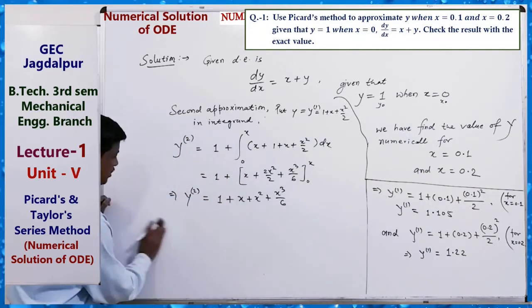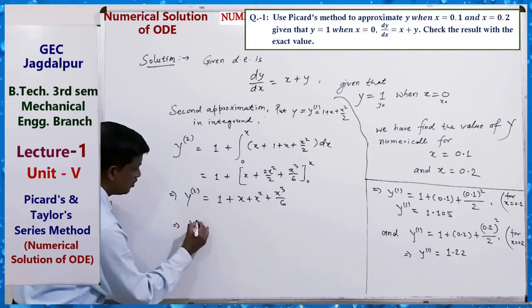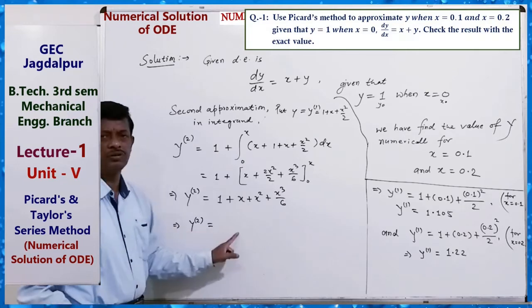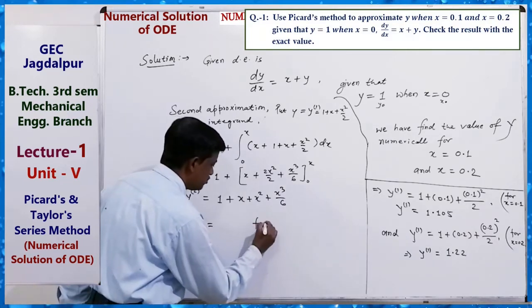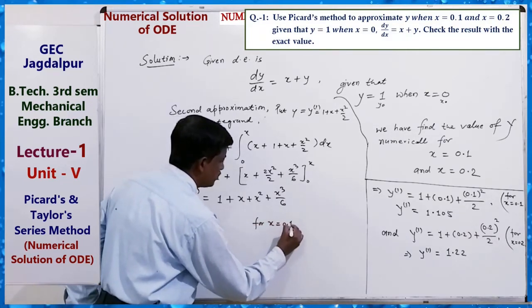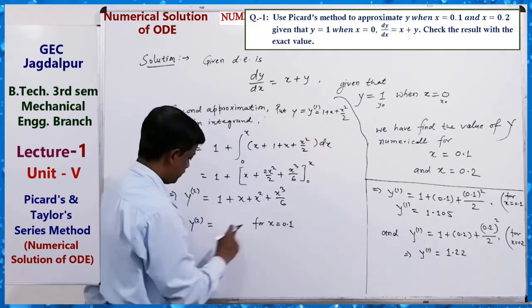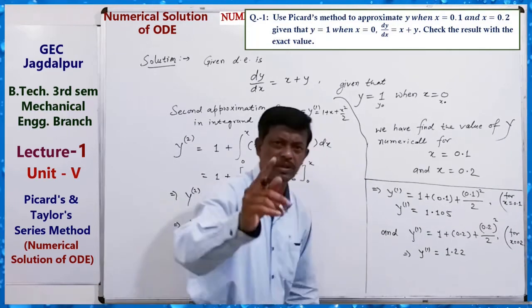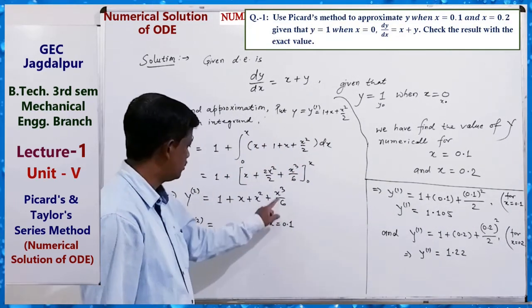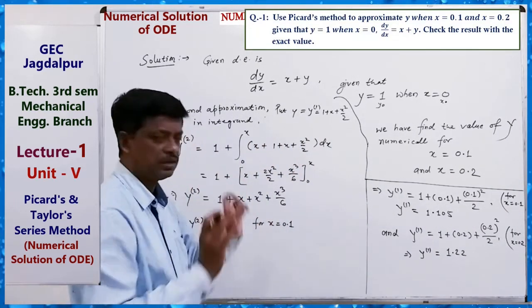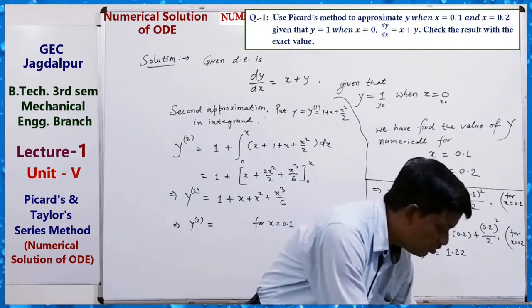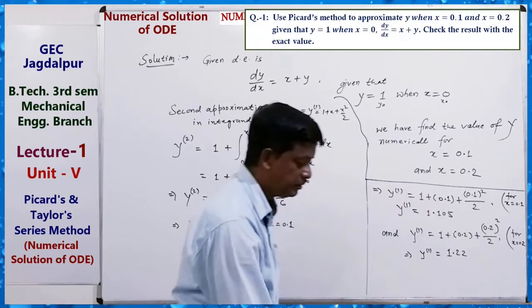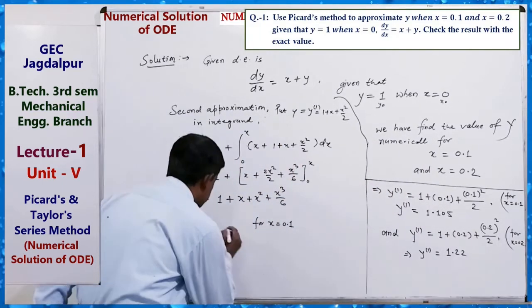Now y2 for x equals 0.1: just put the value here, and calculating, you can get 1.11017, the second approximation.